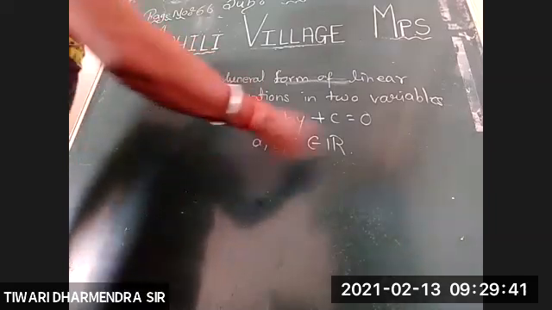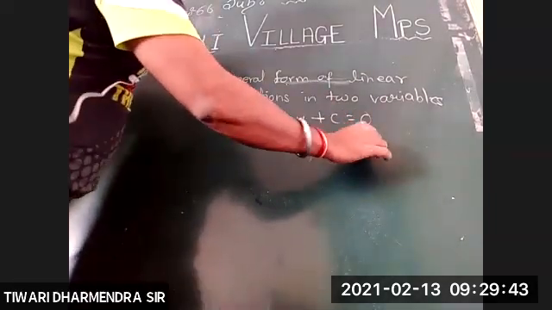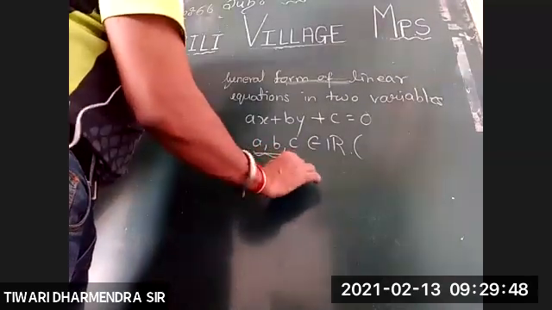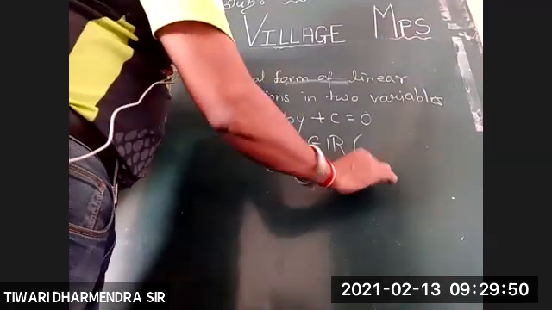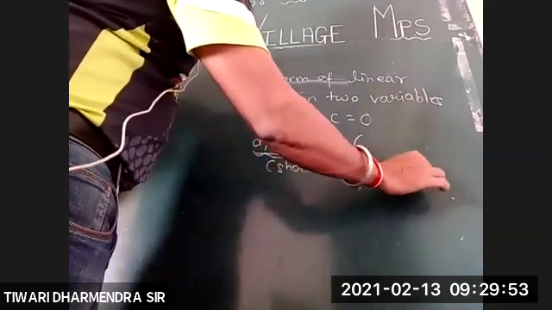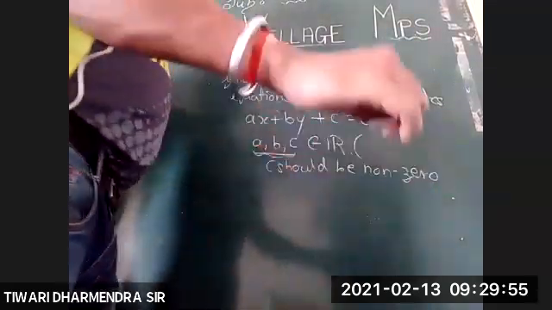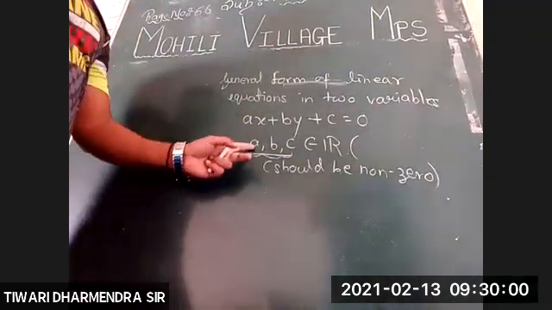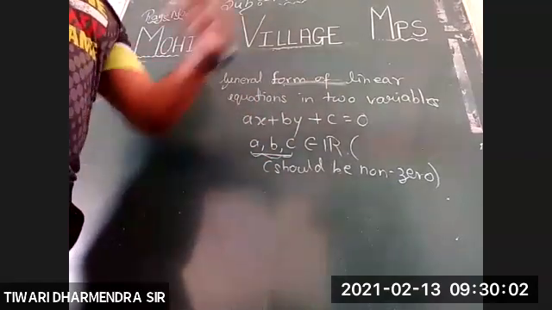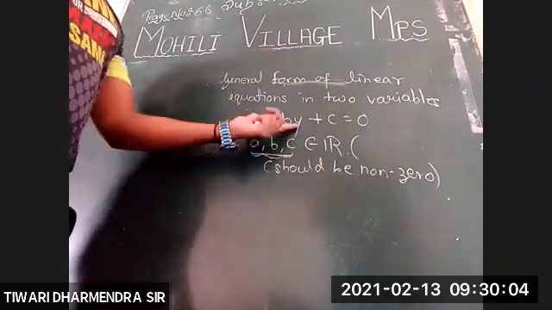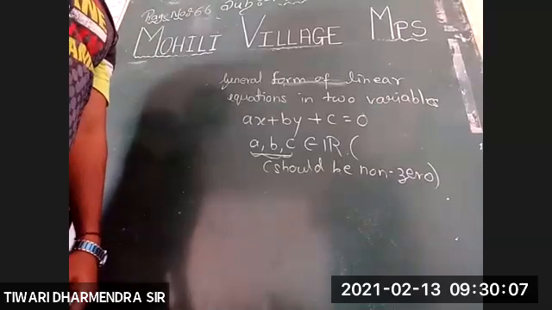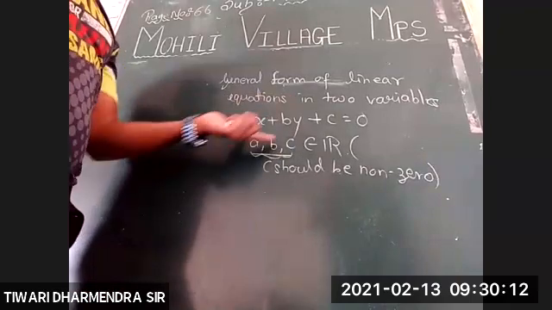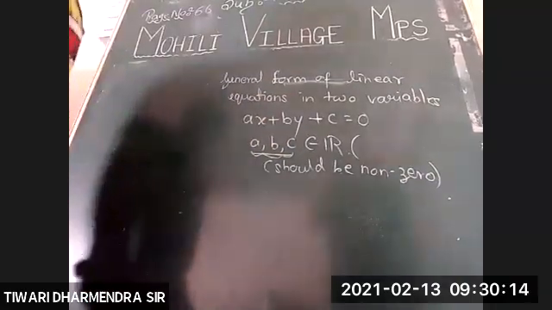A real number in the sense, yes, it includes 0, but a and b should be non-zero. Non-zero in the sense they should not take the value 0. If you put a, b, and c as 0, the whole term turns out to be 0. And after applying any property or rule, 0 plus 0 or 0 minus 0 gives you answer 0.